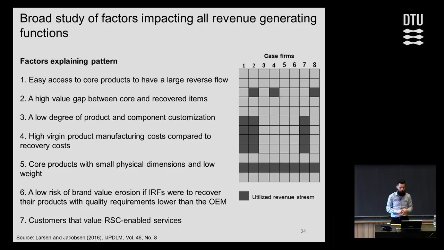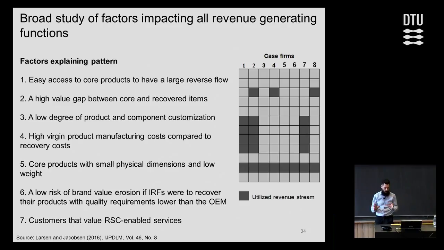The fourth one, high virgin product manufacturing costs compared to recovery costs. If these virgin product manufacturing costs are very low, then it's seldom feasible to begin the recovery process. It's easier for the firm just to turn up the volume of virgin products. Fifth, core products with small physical dimensions and low weight, and number 6, a low risk of brand value erosion.